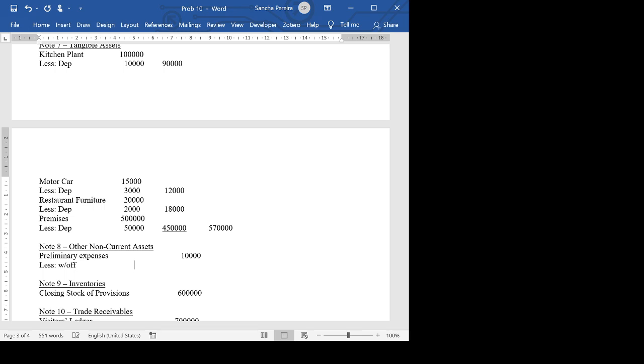Now, what they've told us in this problem is that the entire preliminary expenses need to be written off. So this entire 10,000 is going to be written off, and what is going to remain is 0.